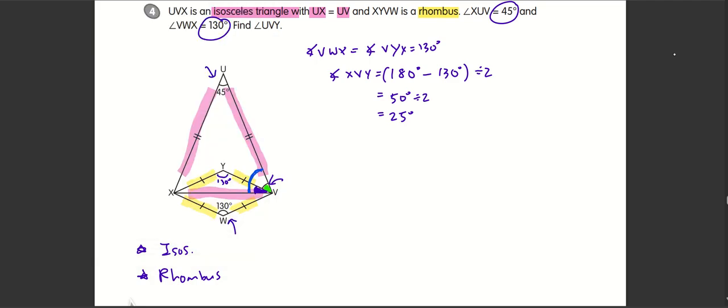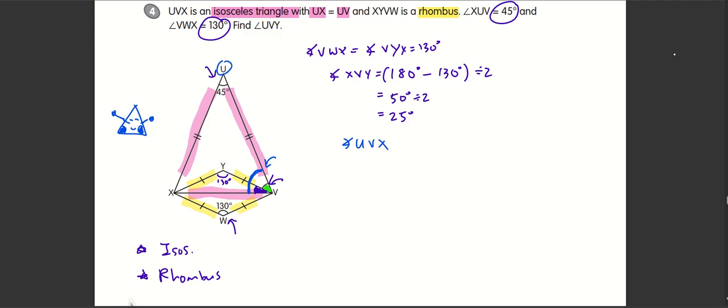this corner in the pink triangle. I remember I used to have this trick of drawing a smiley face of the isosceles triangle. So you can find this corner, that is angle UVX.